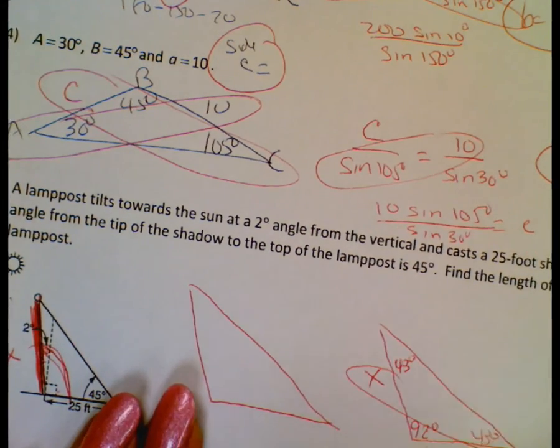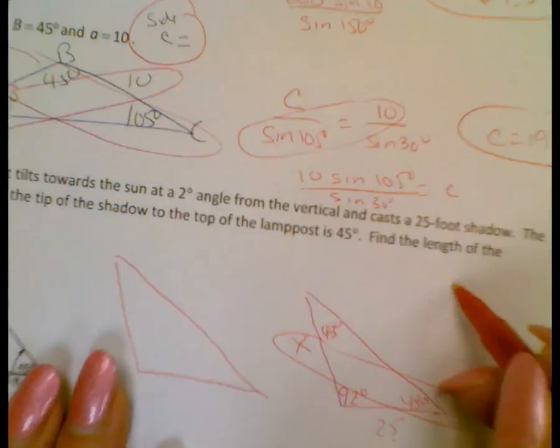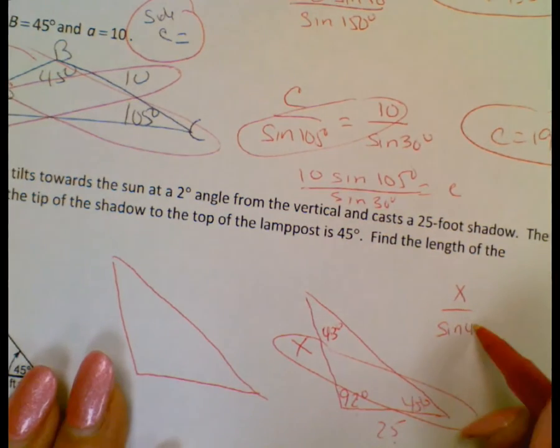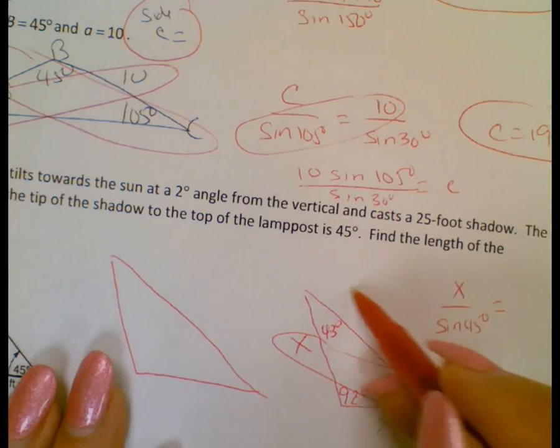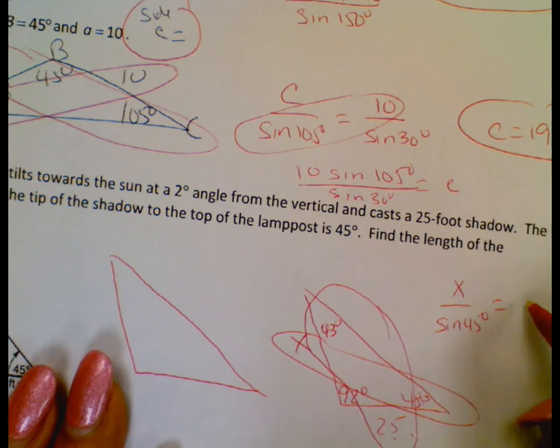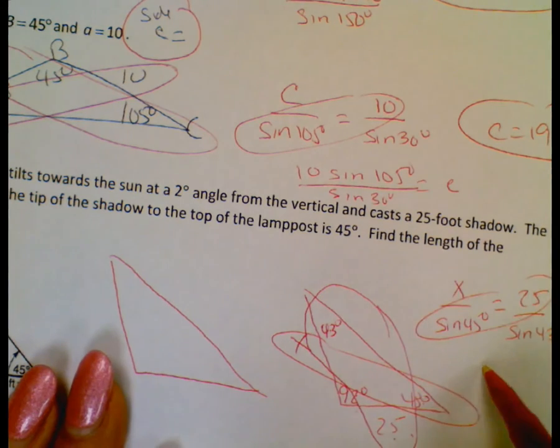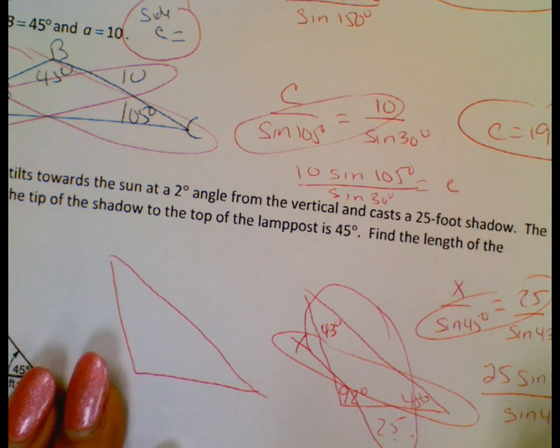So this is one ratio because we're solving for x. So it's x over sine 45. The other one is this one. We know the side, 25 is the side, over sine 43. So it's 25 sine of 45 divided by sine of 43. All that equals x.